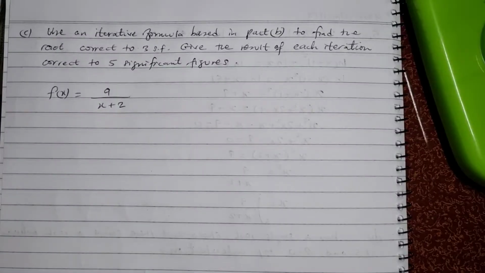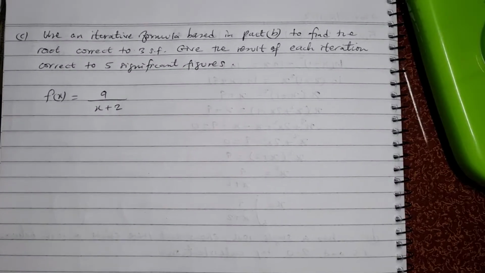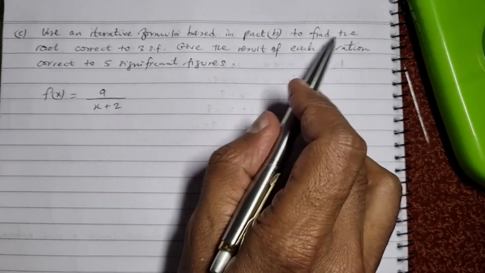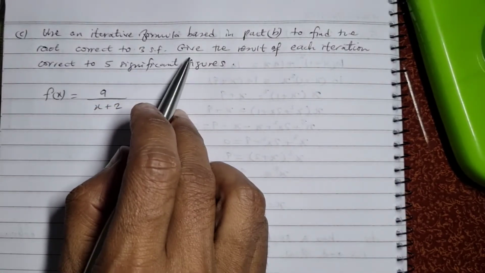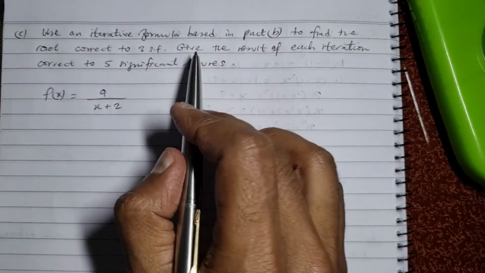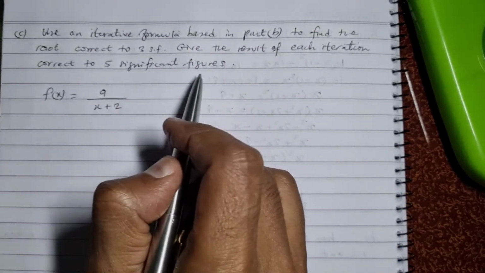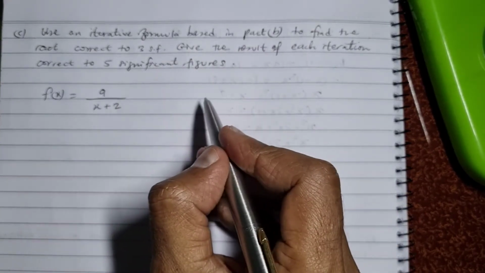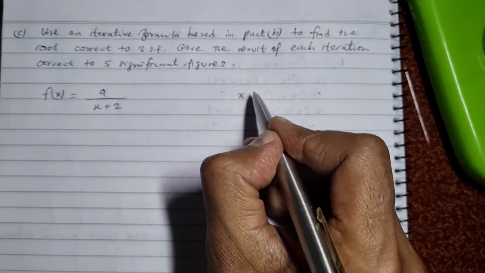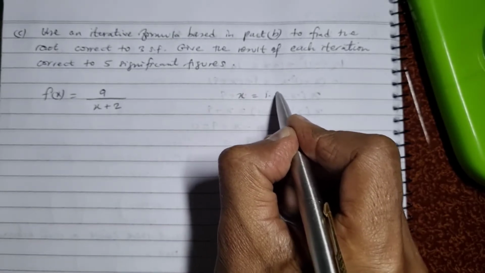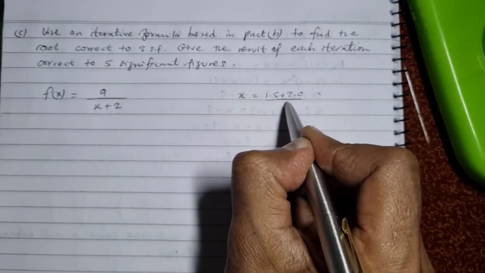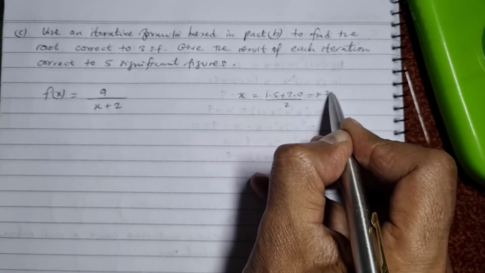For part C of the question, we need to use an iterative formula based on part B to find this root correct to 3 significant figures, and give the result of each iteration correct to 5 significant figures. First, I want to find the initial value of x, which is (1.5 + 2.0) divided by 2, which comes to 1.75.